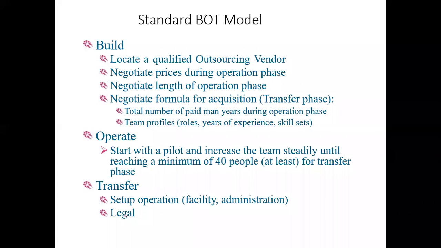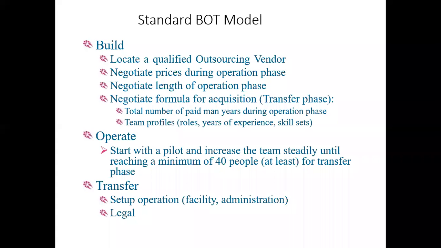That means start with a pilot. Pilot means with a minimum number of persons or with minimum workers, we can start this particular work. But as it slowly goes, as the working areas, working sectors or working points are increasing, you are required to increase the team slowly.